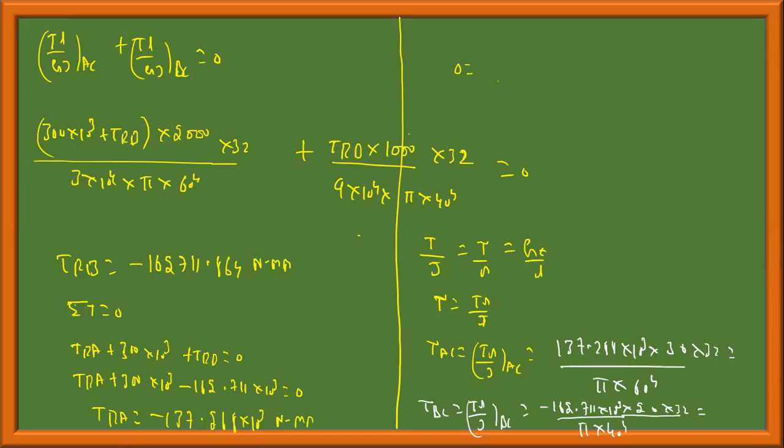T R by J of AC, T R by J of BC. How much? Tau AC. How much Ravindra? Dhruti? Tau AC?